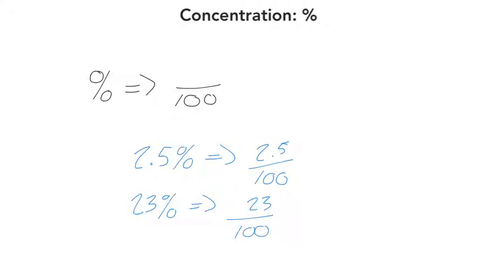Now, when we're talking about percent concentration, it's a really specialized version of concentration where we're looking at a percentage over 100 milliliters. For instance, a concentration of 2.5% would mean 2.5 grams dissolved in 100 milliliters of solution.